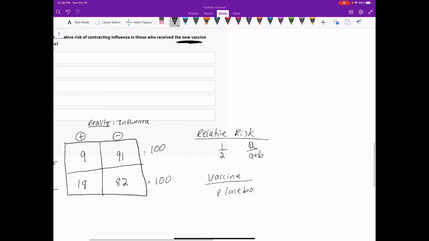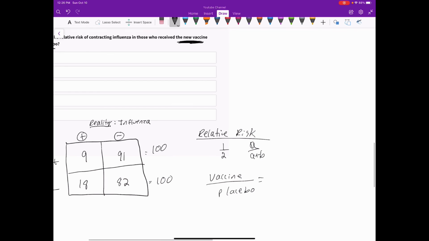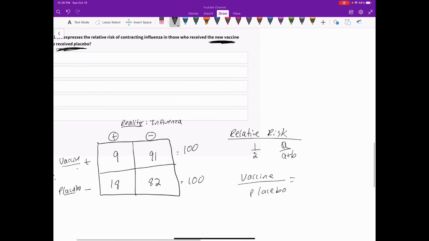Okay, so what is going to be the top? Well, if it's two numbers, and we know the top is the vaccine, we're going to do 9 over 9 plus 91. That's how we get the top part. And now the bottom part is going to be what? Well, the placebo side. 18 over 18 plus 82.